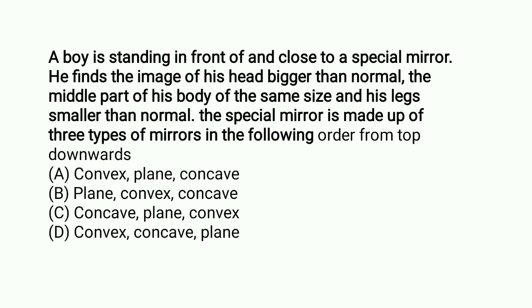Next question. A boy is standing in front of and close to a spherical mirror. He finds the image of his head bigger than normal, the middle part of his body the same size, and his legs smaller than normal.